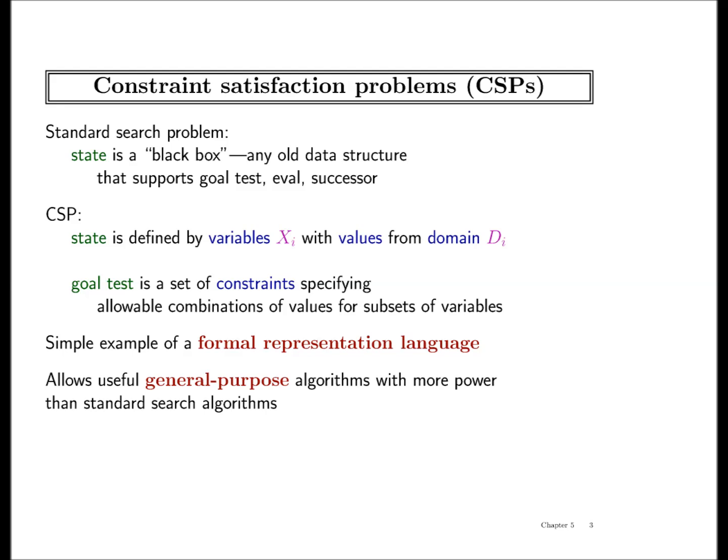And because now we have a little more to play with than just a state, which is a black box, we can exploit the fact that we have this information to create still general purpose algorithms that will work for all the problems that can be expressed within this state representation, but they will have more knowledge and therefore they will be faster than the basic standard ones. That's the goal.